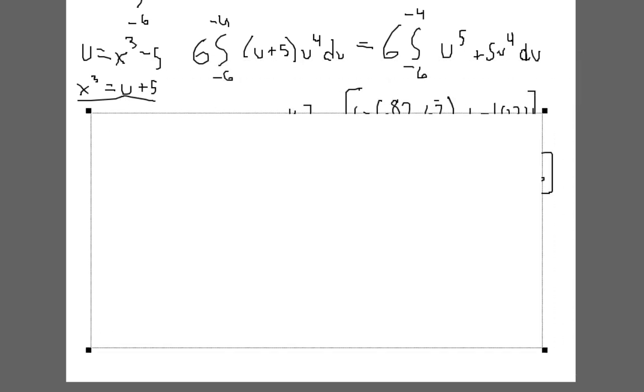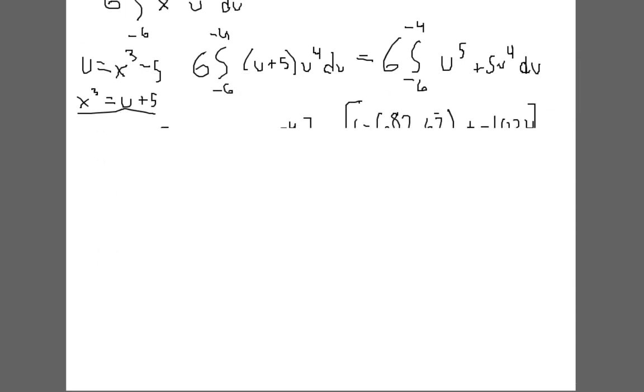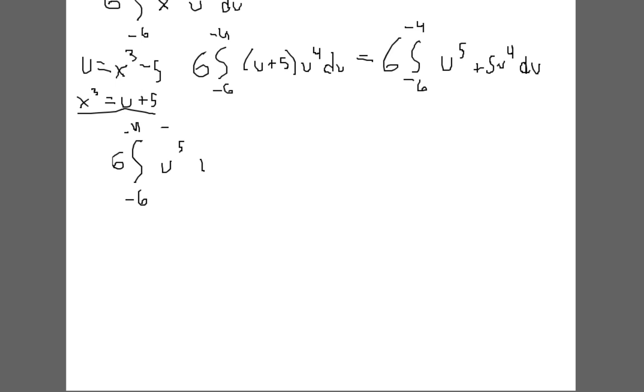Let's see. So we have 6 times the integral from negative 6 to negative 4 of u to the 5th plus 5u to the 4th du.